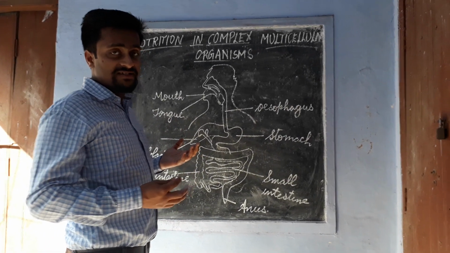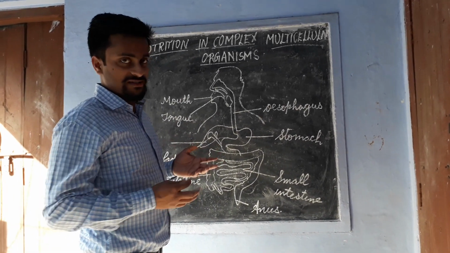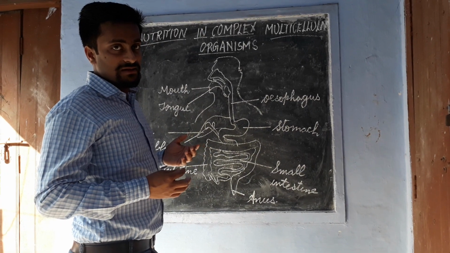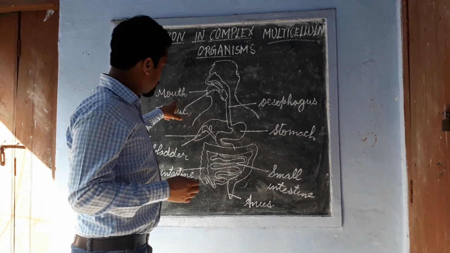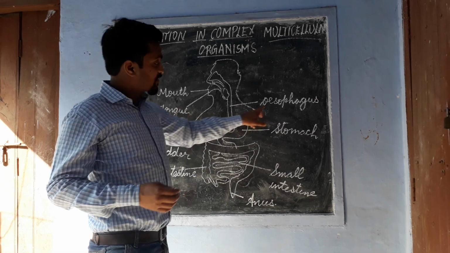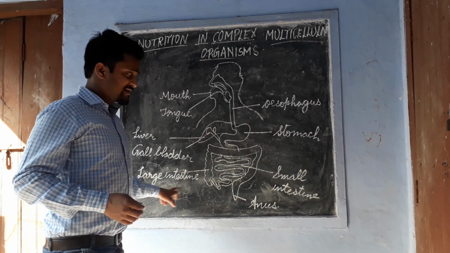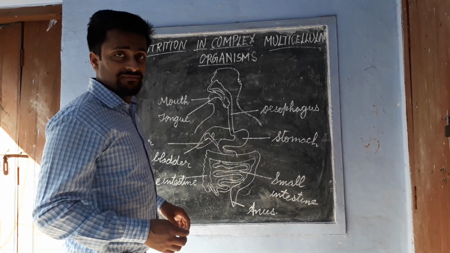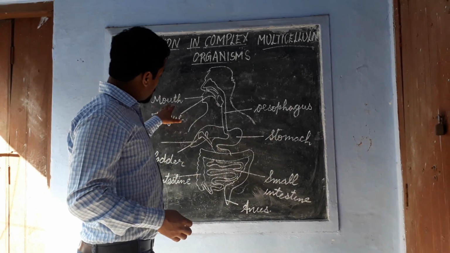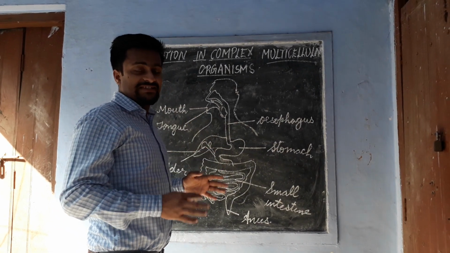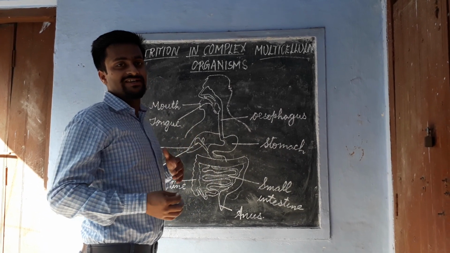This digestive system consists of many organs or parts. The main ones are the mouth, tongue, esophagus, stomach, intestine, and the anus.